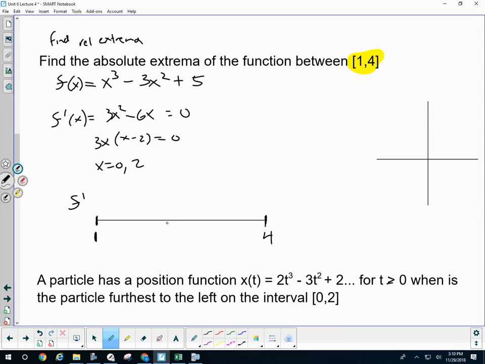And 2 was an interesting point. All right, well, we could do our number line analysis again. Between 2 and 4, I could plug in 3, positive, positive, positive. If I plug in 1 and a half, I'd get a positive and a negative, so that's negative.